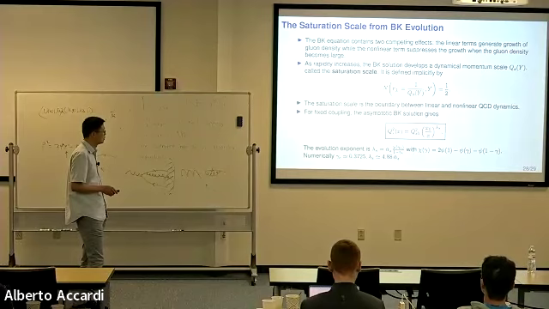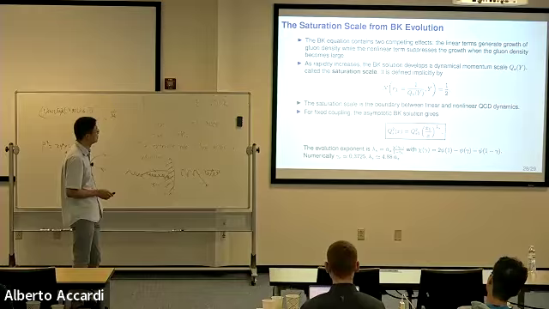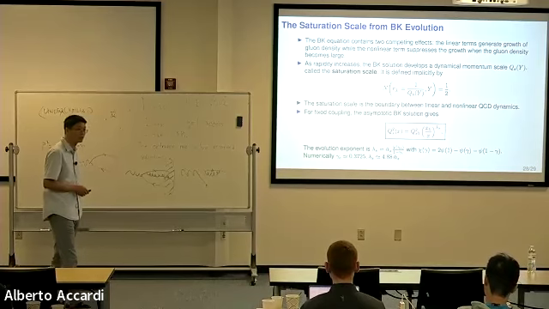This can be determined analytically. It's related to the digamma function, the first order derivative of the gamma function, and it can be numerically calculated. That basically gives you the energy dependence of this scale here. So this scale separates the linear growth of your gluon inside the proton from your nonlinear recombination effect.